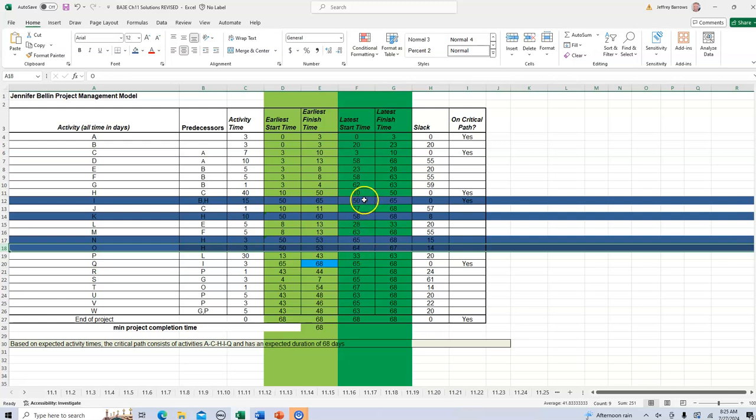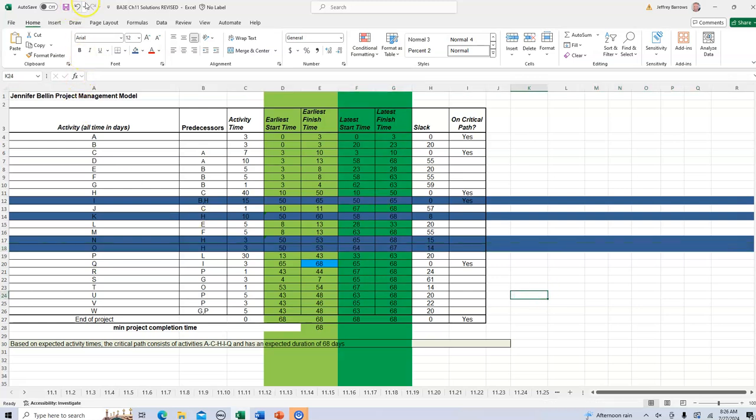So the smallest, or the earliest, was day 50. So that becomes the late finish time for activity H, day 50. I subtract the 40-day duration, and that tells me that activity H must start on day 10.